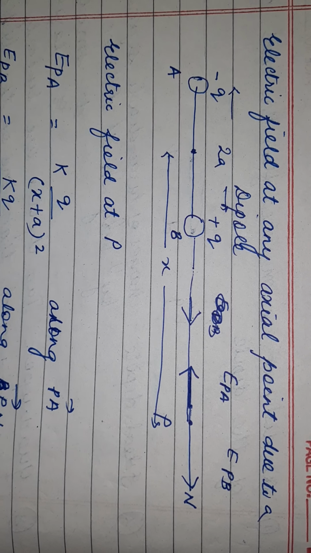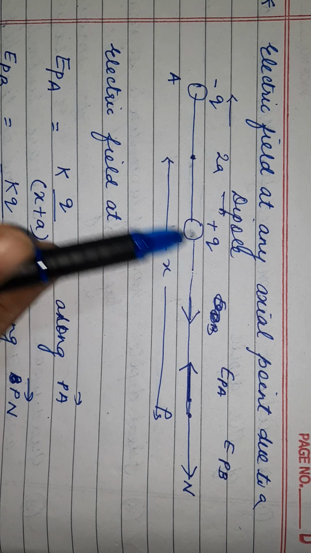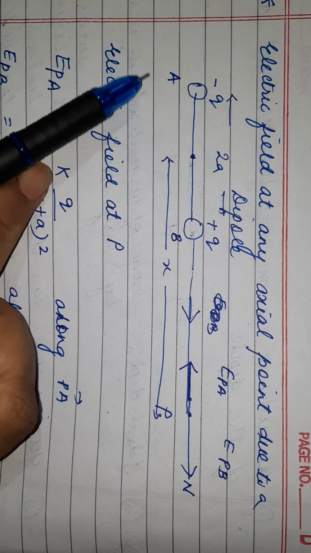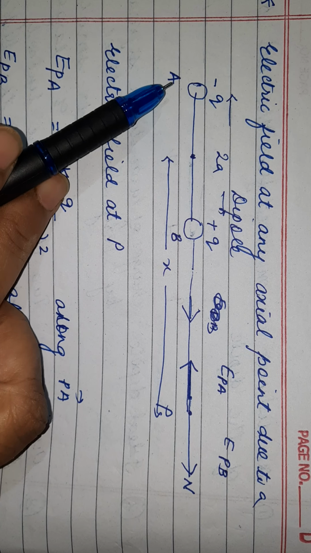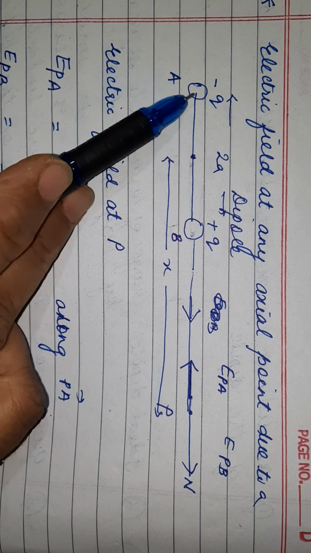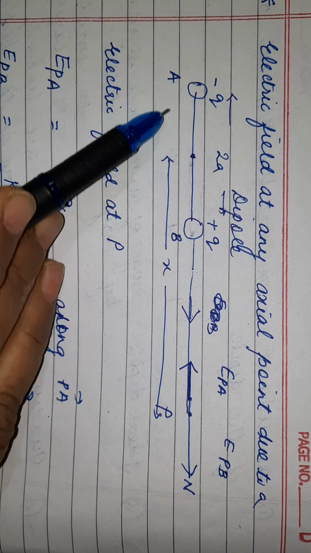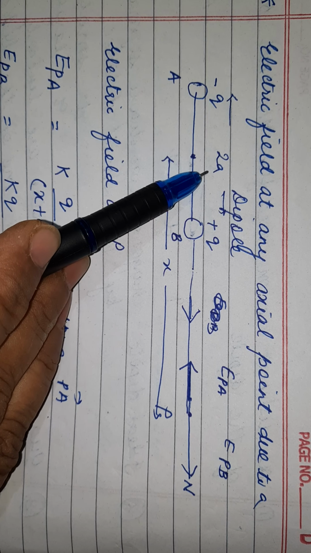Now next is the electric field at any axial point due to a dipole. Here you can see that at positions A and B there are two charges. At A it is minus Q and at B it is plus Q. So it constitutes a dipole separated by a distance 2a.